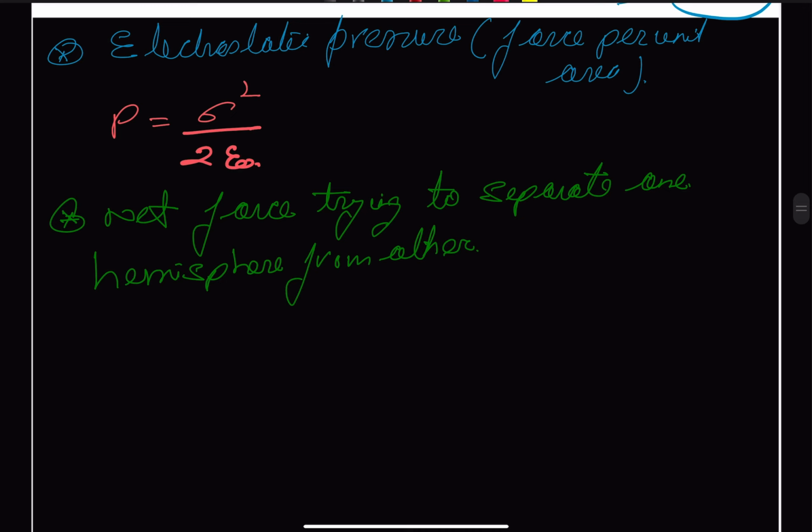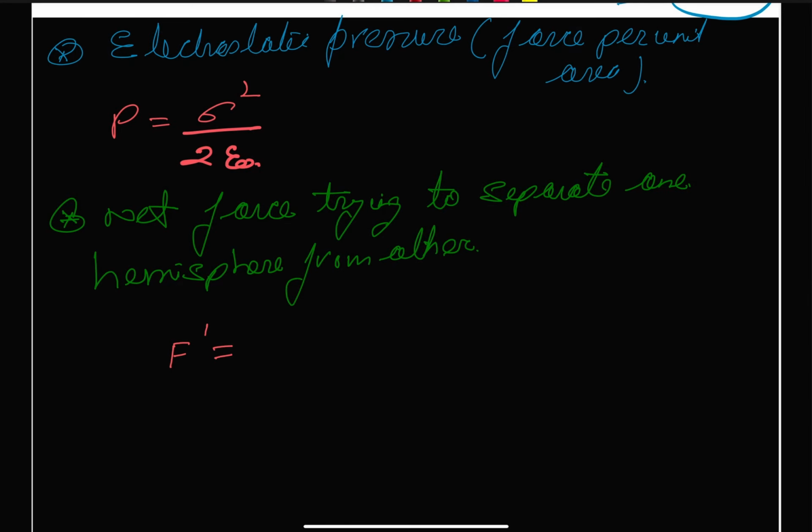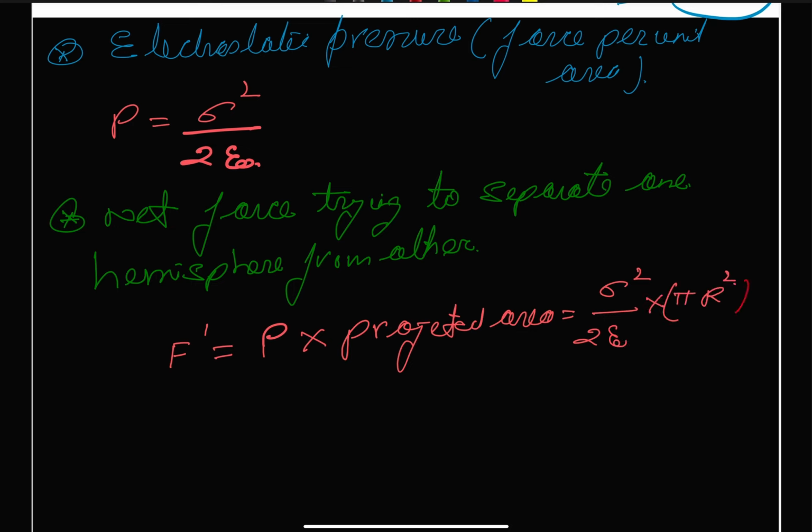Let us call that net force F prime, which will be equal to the electrostatic pressure P multiplied by the projected area. So this comes as sigma square upon 2 epsilon naught multiplied by pi r square.